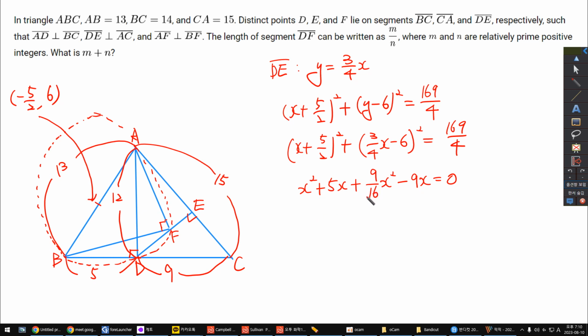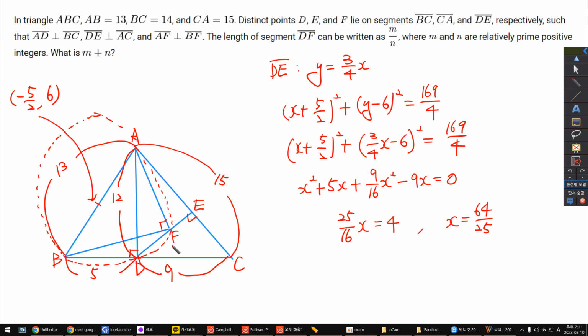That means, yep, this is the x coordinate of point F, and we want to find the length of DF.